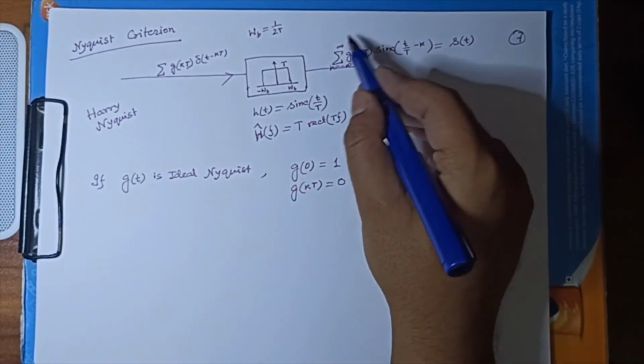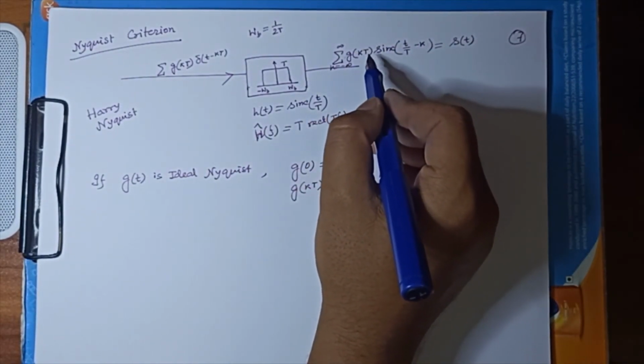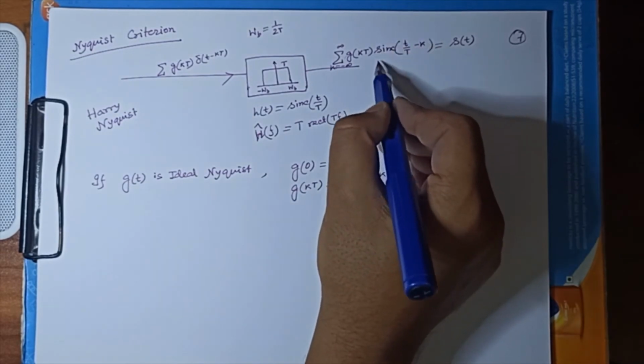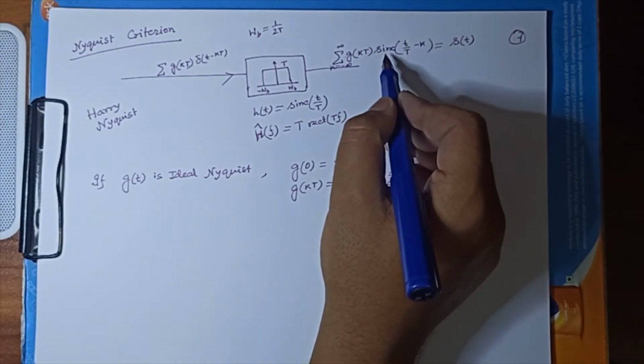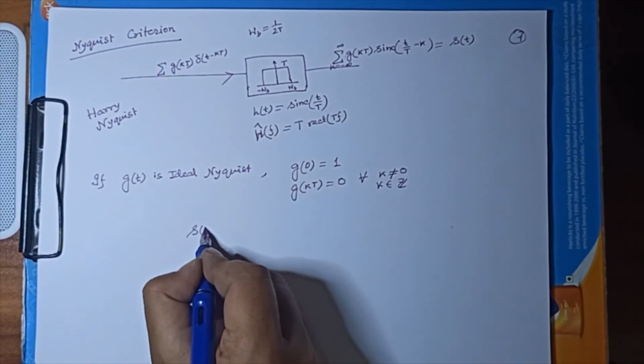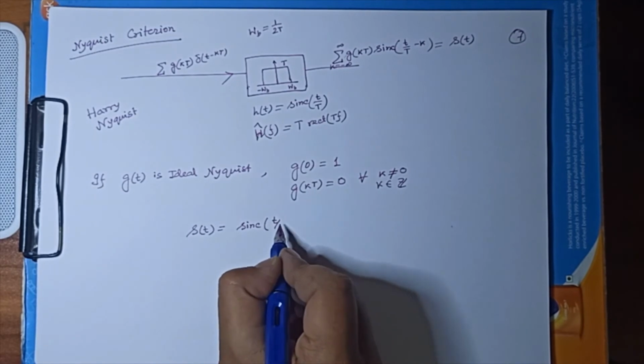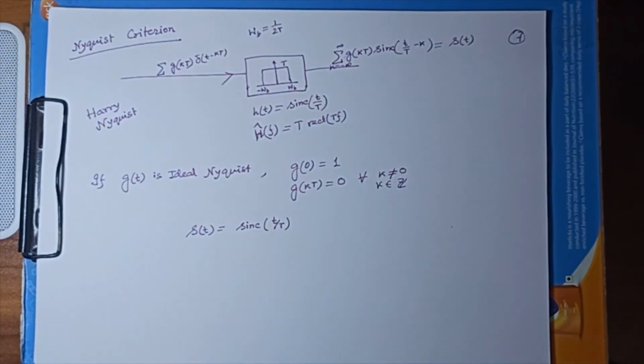So in this entire sum, only one term will survive, that is g(0), which is 1, and the corresponding sinc term will be sinc(t by T). So s(t) is nothing but sinc(t by T). So what you are getting, the output, is basically the impulse response of the filter.